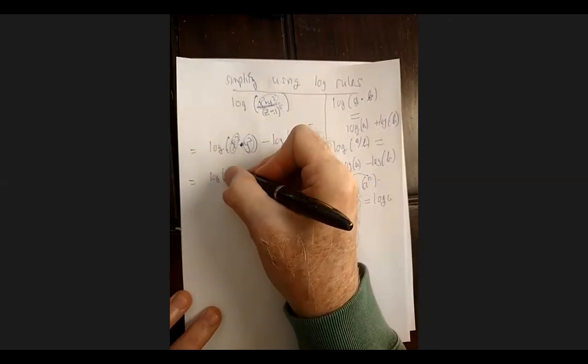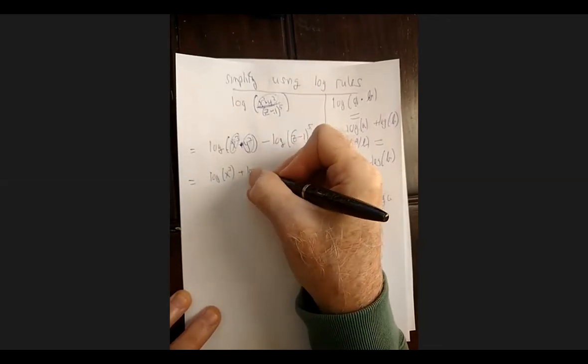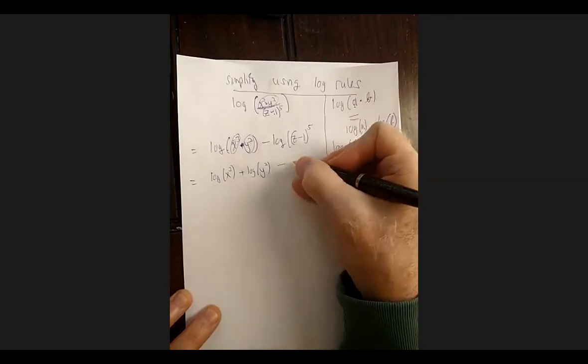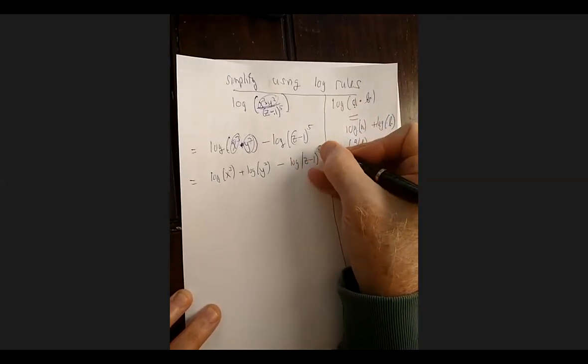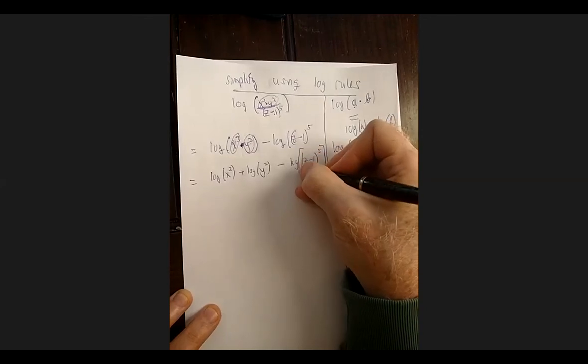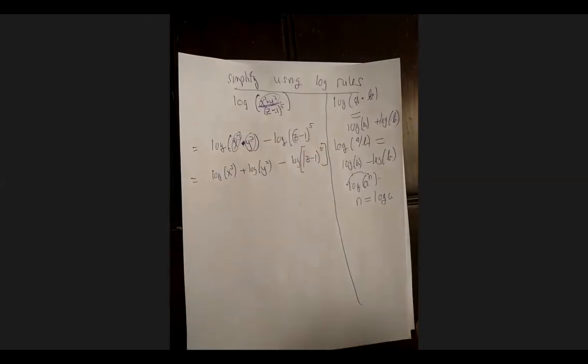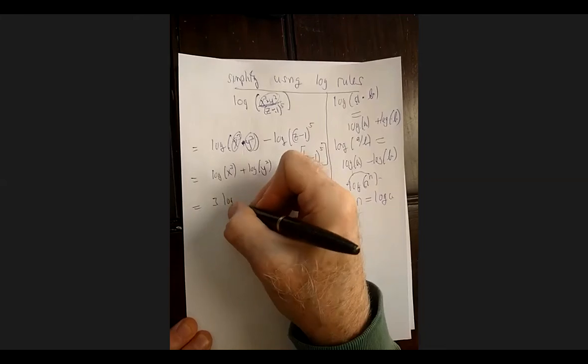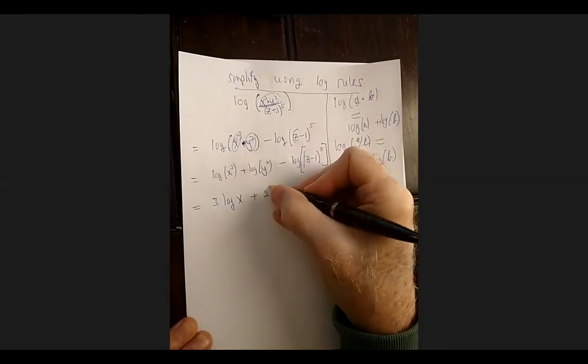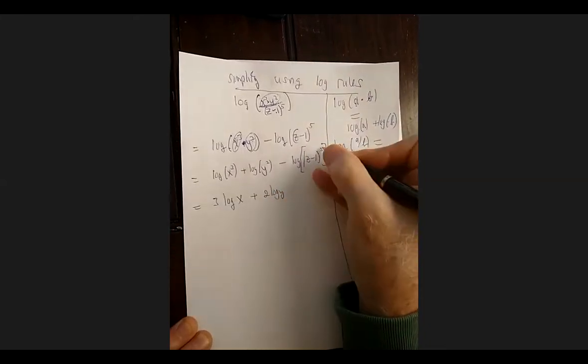Log x cubed plus log y squared minus log z minus 1 to the 5th, and that's all inside the log. Okay. And now I can use this rule, bring the exponents down. And I bring that 5 down.